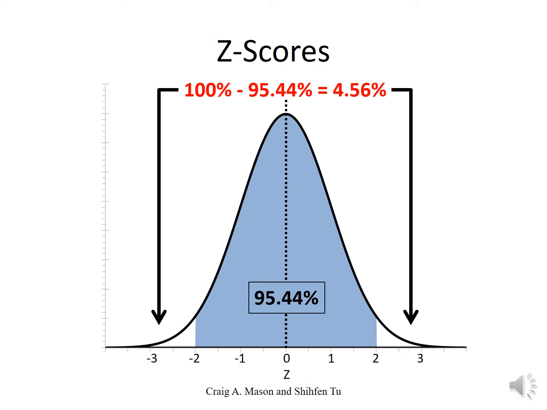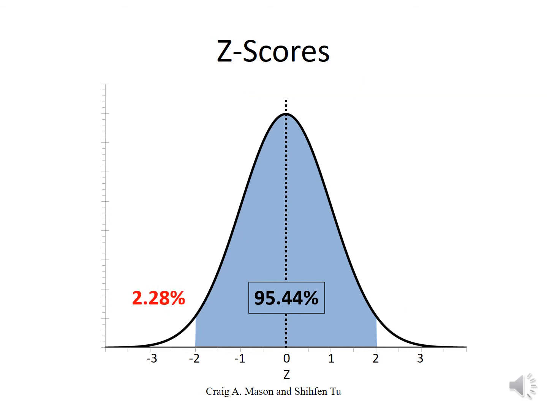Because the normal curve is symmetric, we also know that that 4.56% must be split evenly on each side. So the area below a z-score of -2 must be 2.28. In other words, 2.28% of the people scored below a z-score of -2.